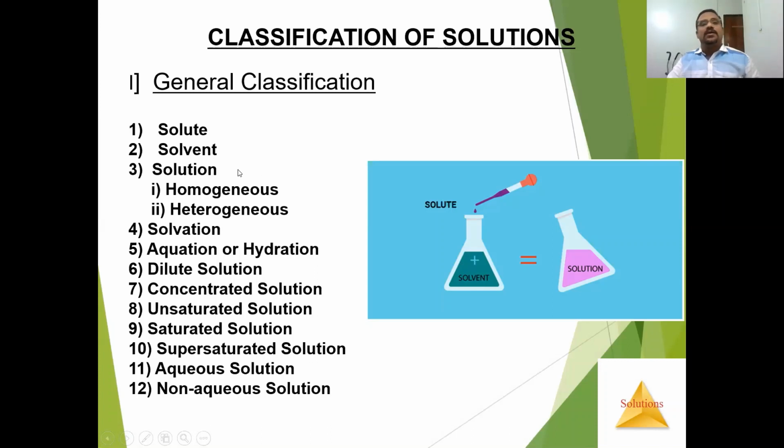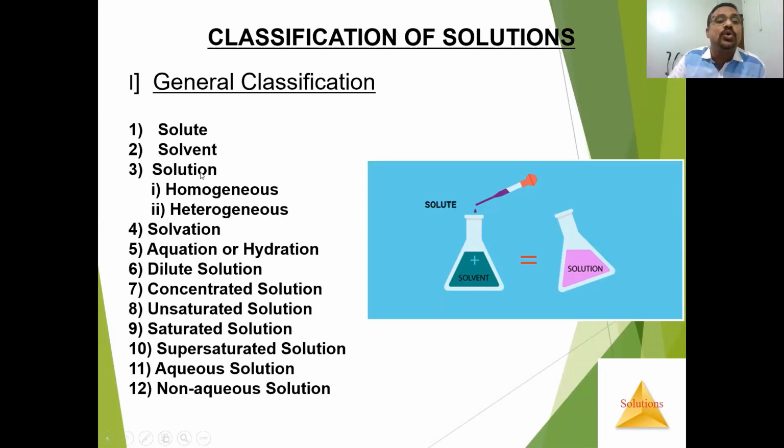Again, different definitions of solutions are there, but we are only dealing with the definition of true solution. What is the definition of true solution? True solution is a homogeneous mixture of two or more non-reacting substances whose composition can be varied within certain limits. Students, this is an important definition.